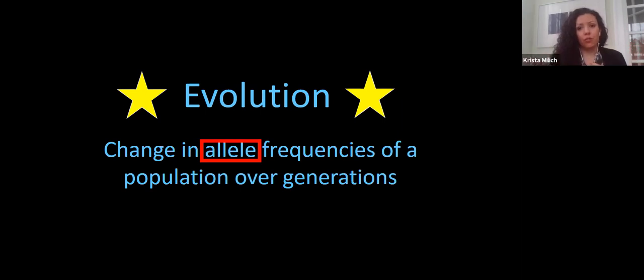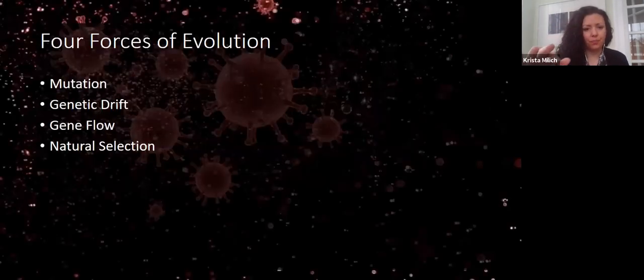The reason it's over generations is because these changes can only happen when reproduction happens. The changes aren't happening within living organisms because they have a set of alleles, but then which ones become more prominent in the next generation can change.